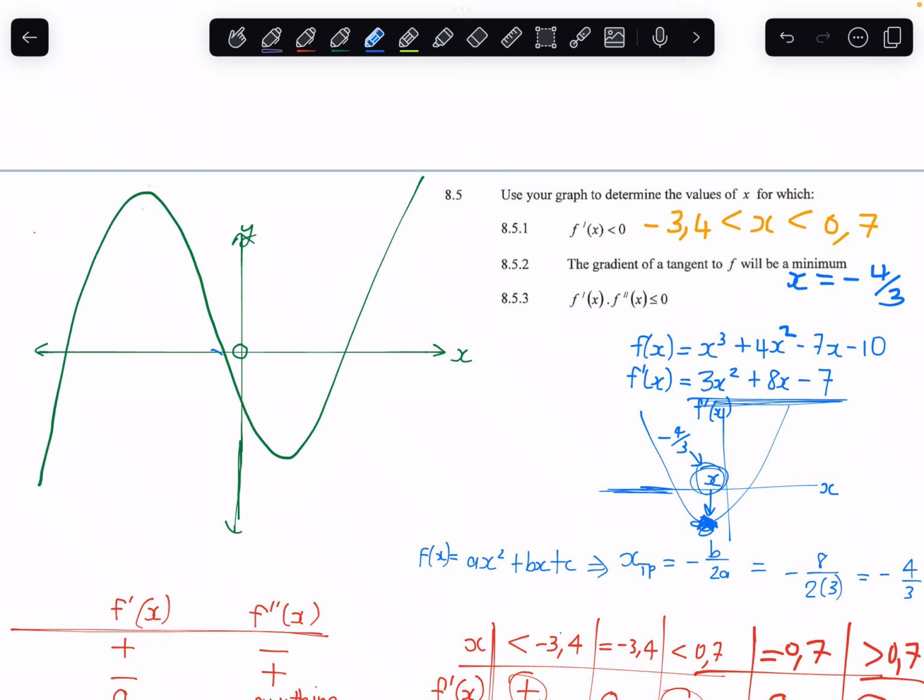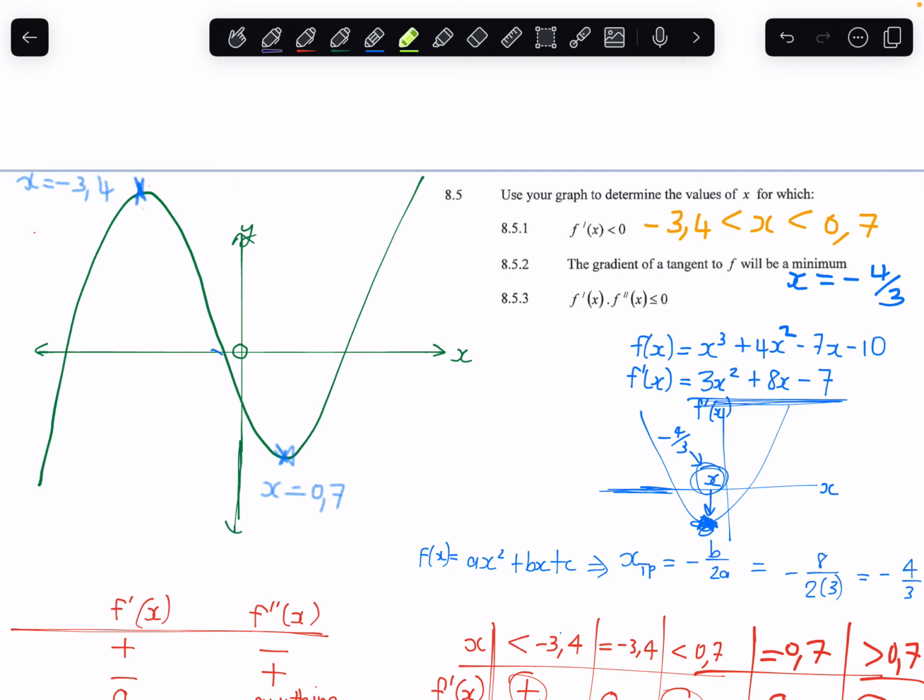And we know that over here, this is x equal to negative 3 comma 4. Over here, this is x equal to 0 comma 7. Let's just do one thing at a time.